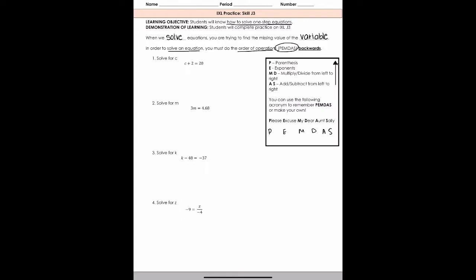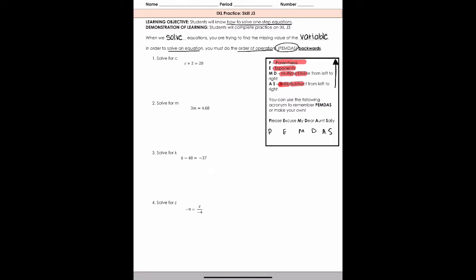So each letter stands for something. We have parentheses first, then exponents, then multiplying and dividing from left to right, and then addition and subtraction from left to right. And whenever we have an equation that we're solving, we do these steps backwards.